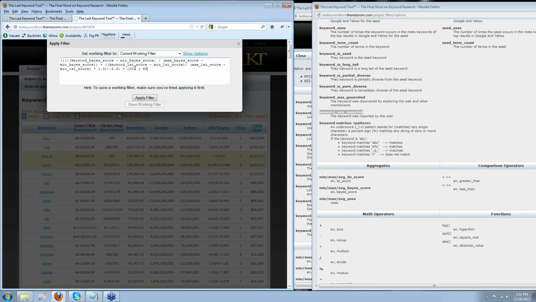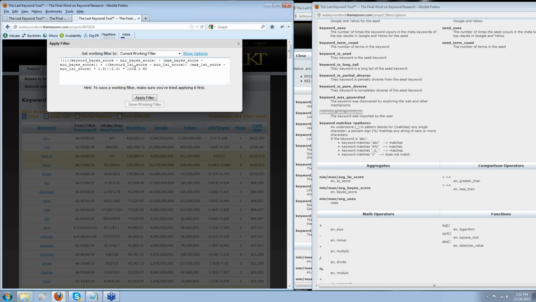Greater than 60, and I want the Google competing pages to be less than the seed competing pages. I don't just want it to be less than the seed competing pages.